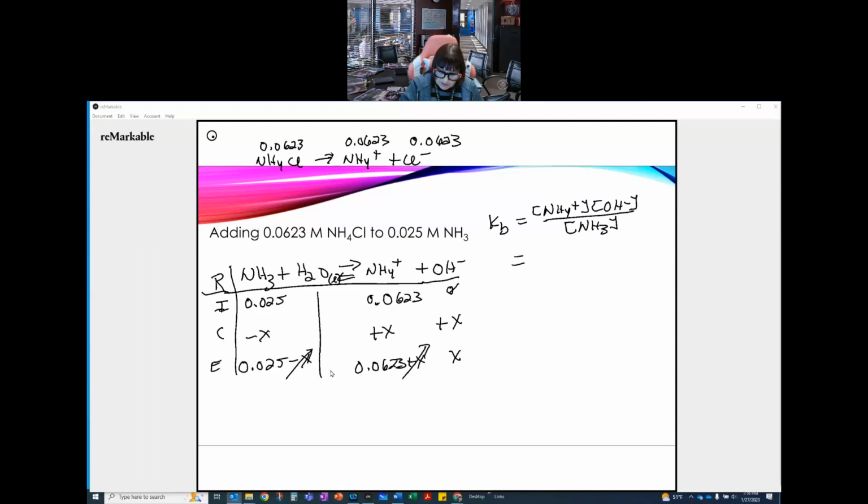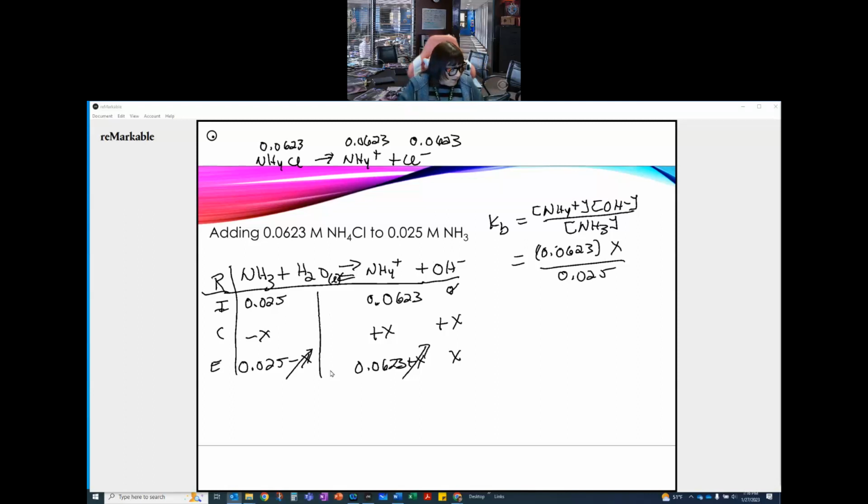I have an NH4 plus of 0.0623, sorry, I miswrote it. My OH minus is an x. My NH3 is 0.025. And I have to look up the Kb for NH3, it being a weak base.